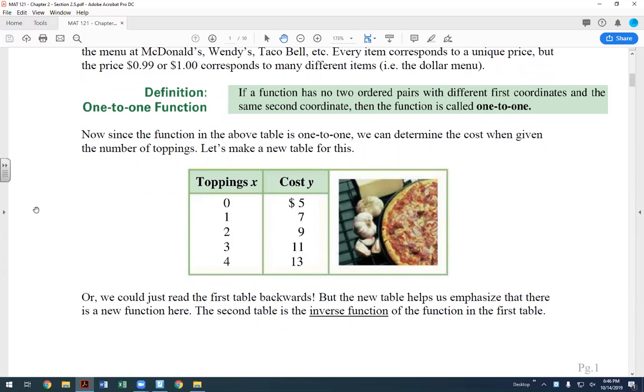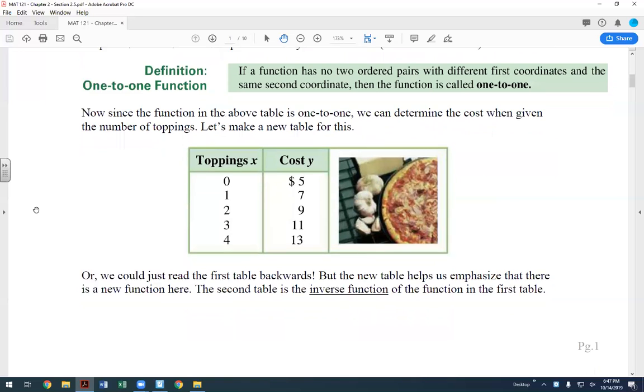Now the number of toppings have become the x values, and the cost for that pizza has become the y, but I still have that one-to-one relationship, right? For number of toppings, I am going to have a unique price. I'm not seeing any repetition on my x values happening.